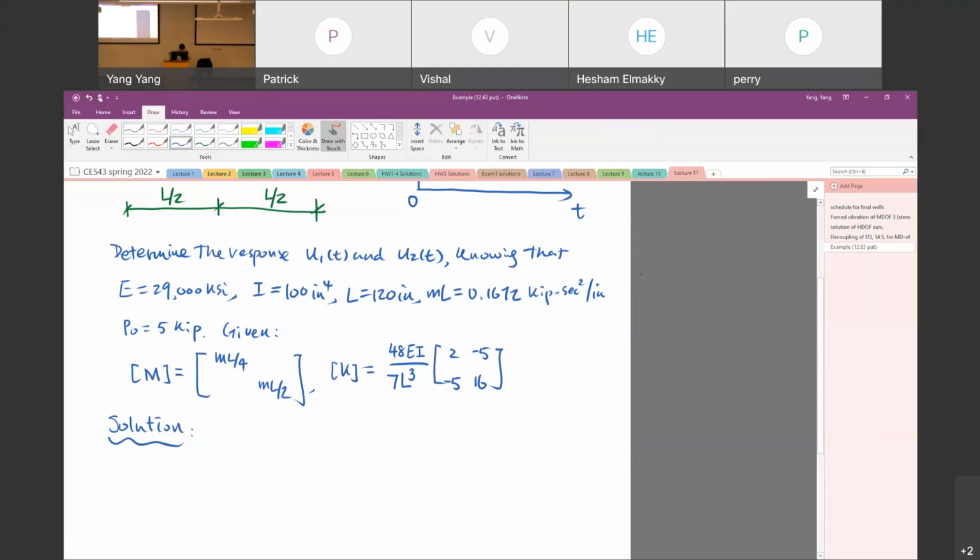So the natural frequencies. You can just plug in all the numbers to get them.